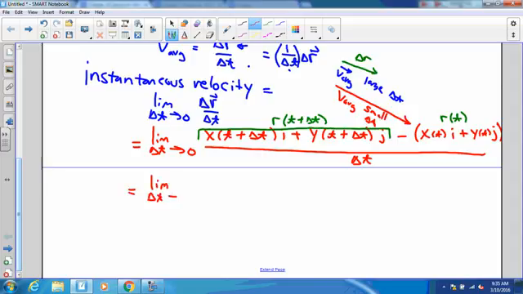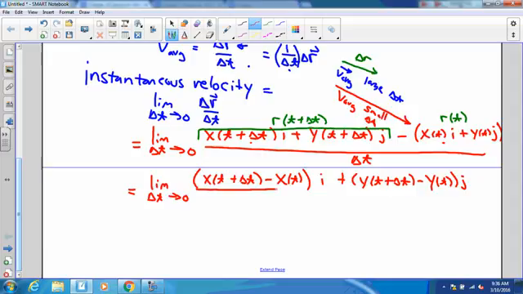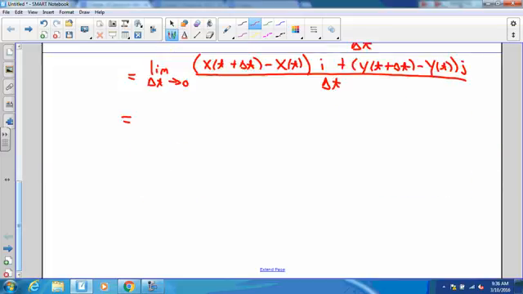But now we can just do some algebraic rearrangement using properties of vectors. Because first of all, we have two different components that are multiplied by the vector i, and so I can group those together. And we have two different components that are multiplied by j, so that I can group those together as well, and divide by delta t, like so.